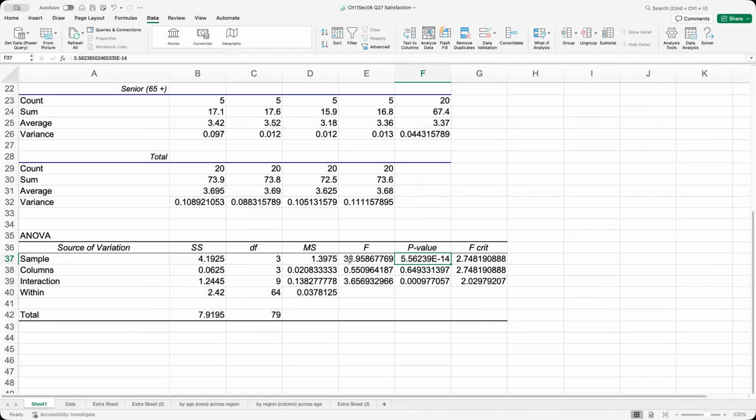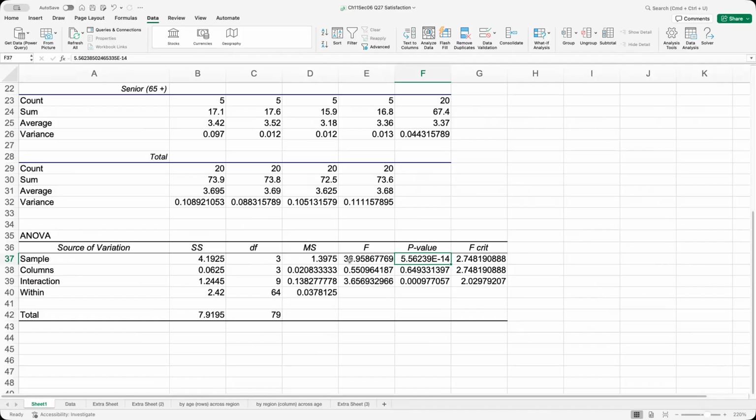Yes. Because that interaction p-value is 0.0009, smaller than 0.05. So there is something to not just age, not just region, but there's something about the combination of age and region.